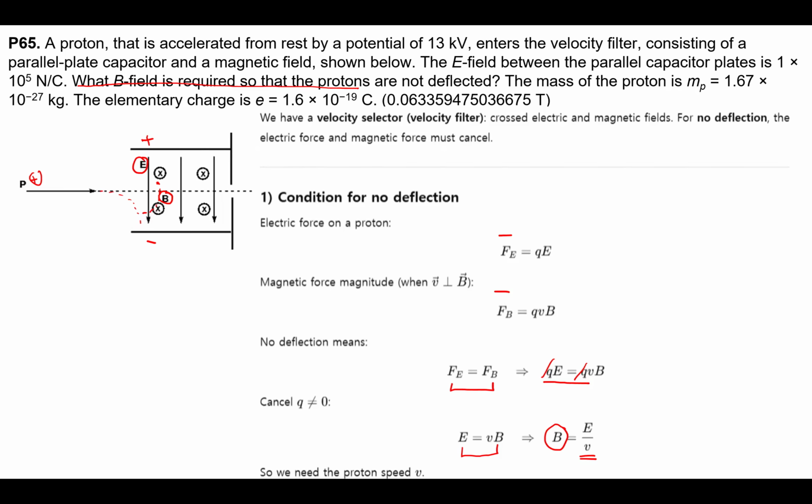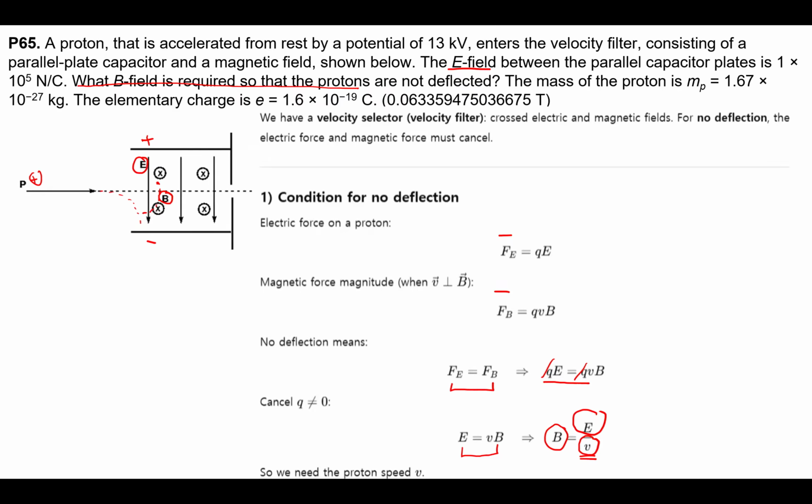If you go back, the electric field is known here. We know the electric field, but we need to figure out what V is.